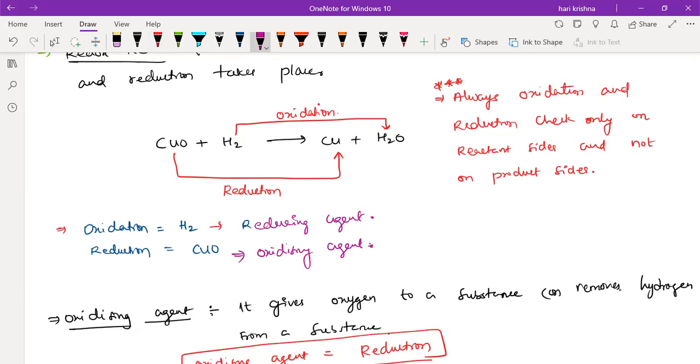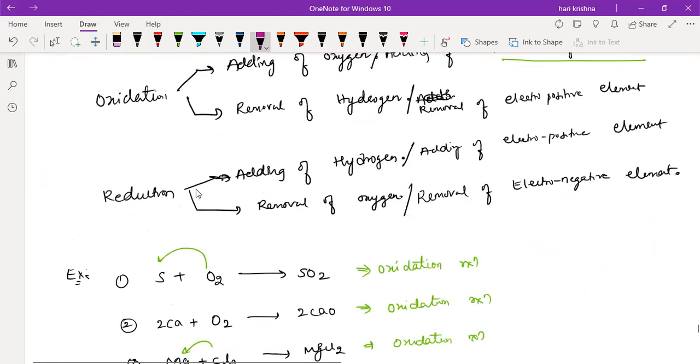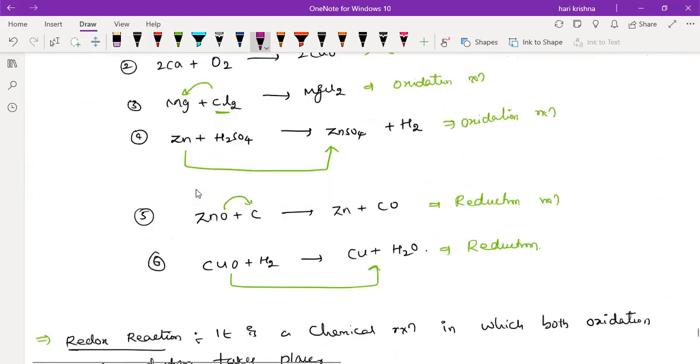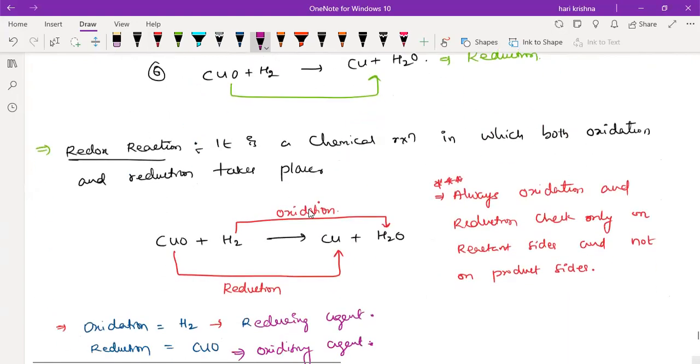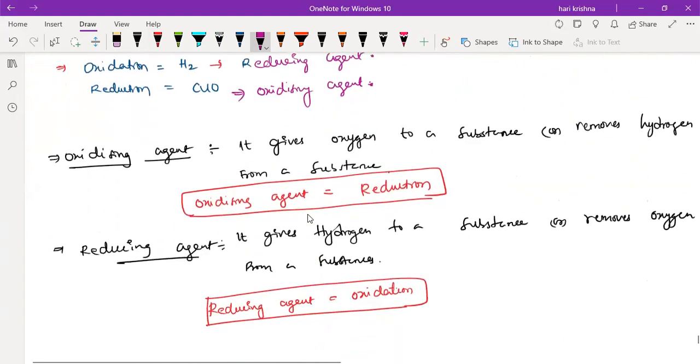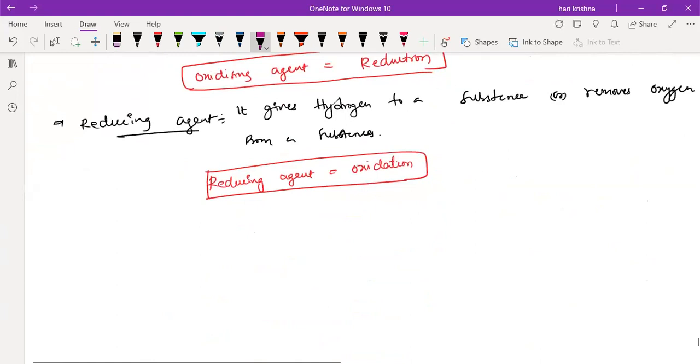So any doubt in this topic? Oxidation, reduction, oxidizing agent, reducing agent.